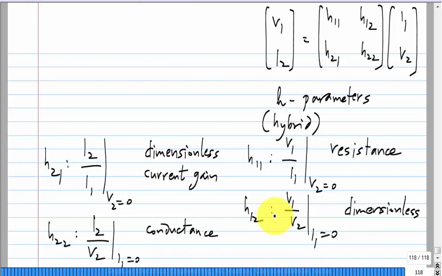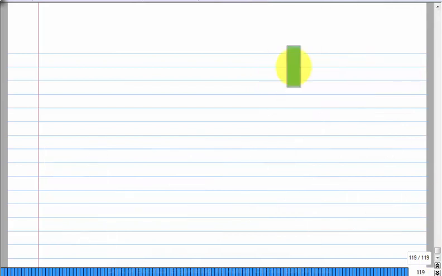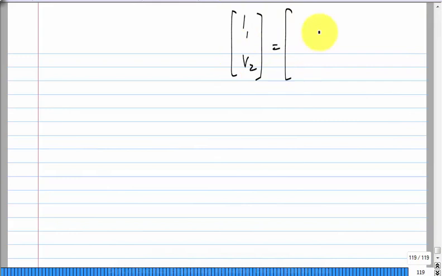And the last one is with these two interchanged, that is I1 and V2 are dependent variables and V1 and I2 are independent variables. Okay. And for whatever reason they chose the letter G for this.